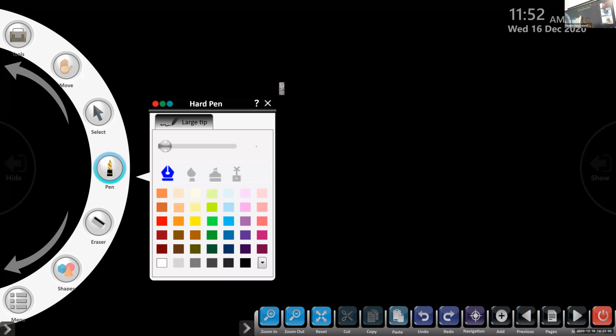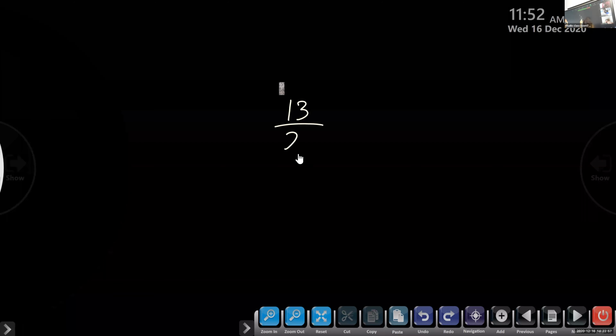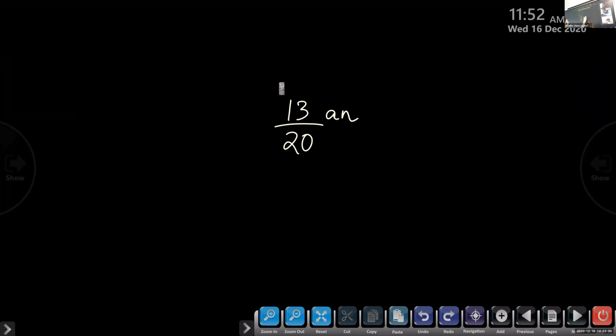Okay, next one. Check whether the fractions are equivalent: 13 by 20 and 60 by 70.